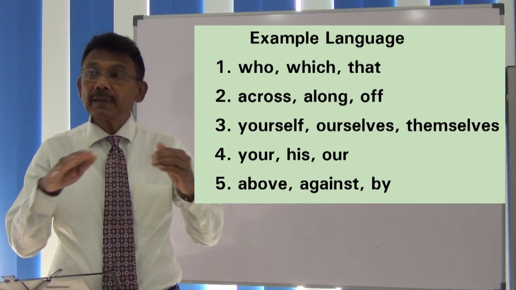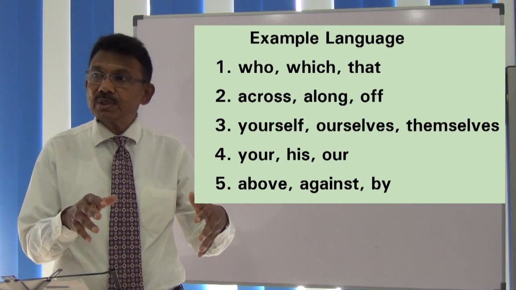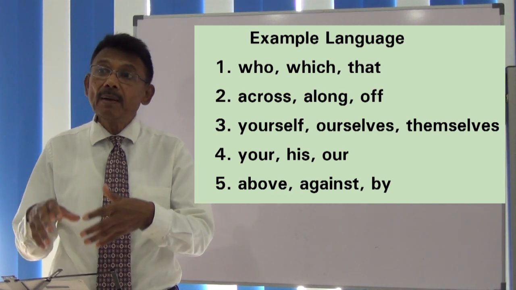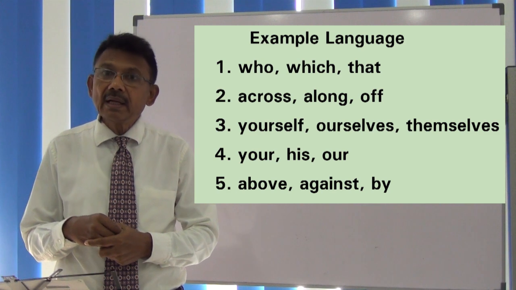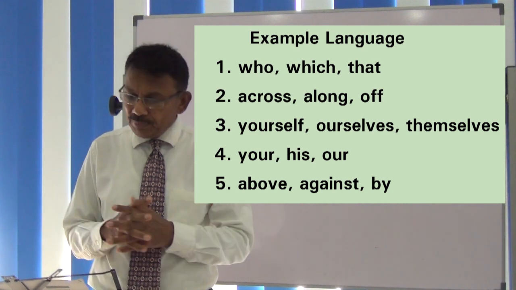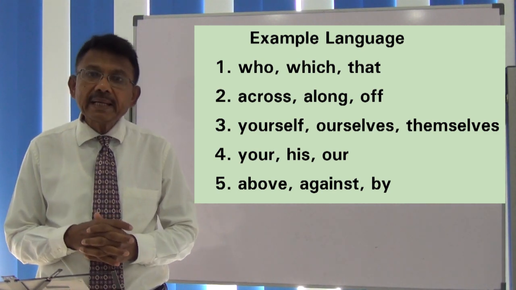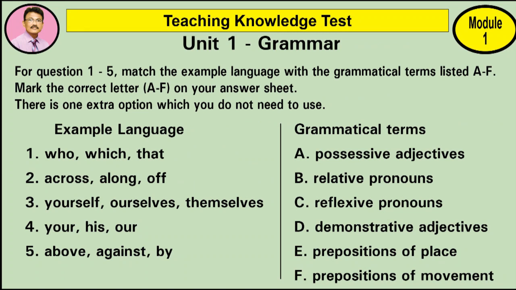There are a number of different kinds of prepositions: time prepositions, place prepositions, prepositions of movement, and so on. So what grammatical item does it belong to? It's prepositions of place. Above is a place.